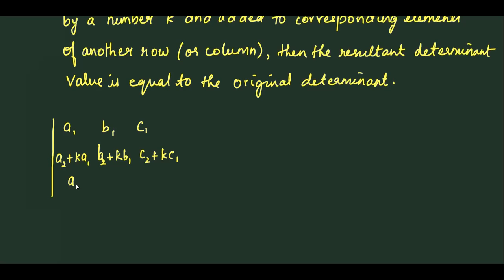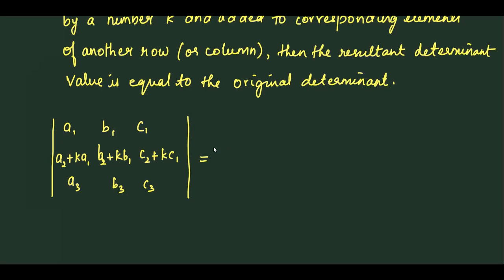So what is the example here? To the second row, I have added the kth multiple of the first row. I have multiplied the first row by k and added to the second row.